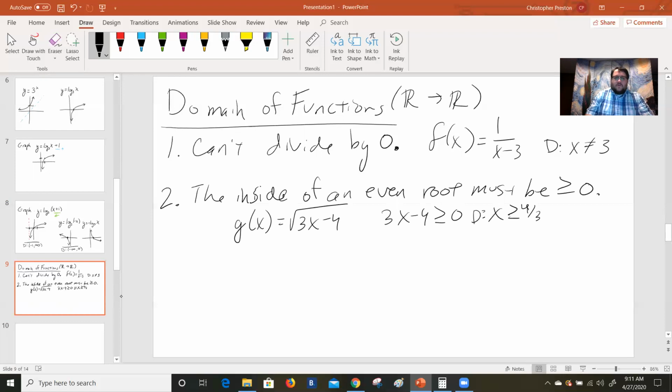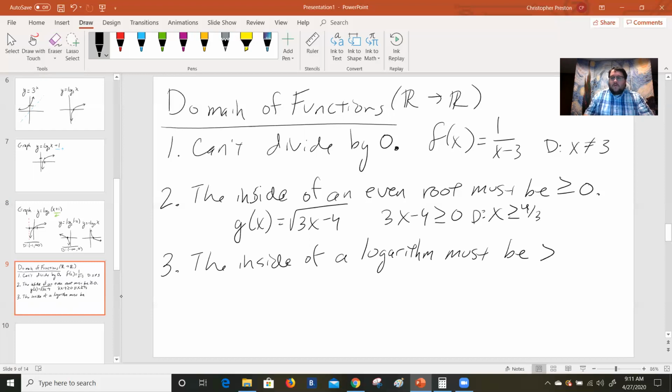Okay, so this is the 3rd rule. The inside of a logarithm must be greater than 0. So not even equal to 0. It's got to be positive.